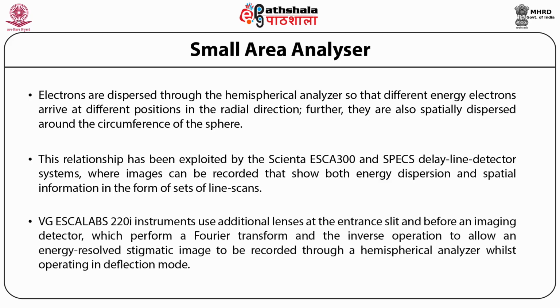The VG ESCALAB 220i instruments use additional lenses at the entrance slit and before an imaging detector, which perform a Fourier transform and the inverse operation to allow the energy resolved stigmatic image to be recorded through a hemispherical analyzer whilst operating in deflection mode.